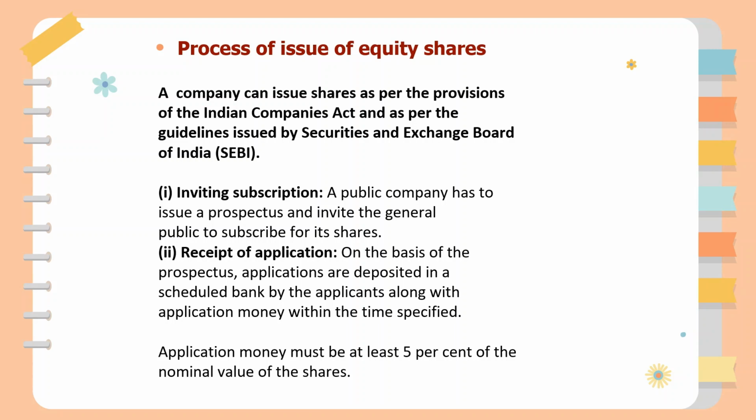When the interested persons apply, they have to apply along with the application money, and this will be deposited in a scheduled bank. The applicants themselves deposit directly into the bank within the time specified in the prospectus.